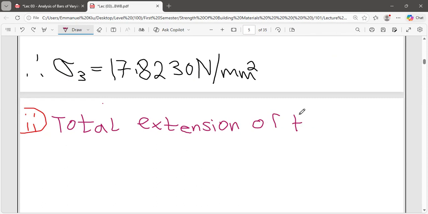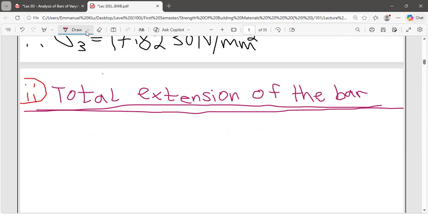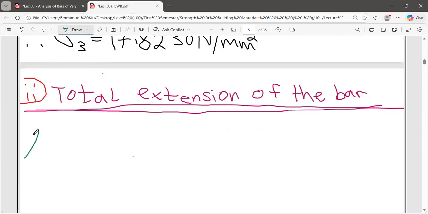I'll just underline it nicely and then we proceed. So the total extension of the bar, as we all said initially, we can denote it like this.